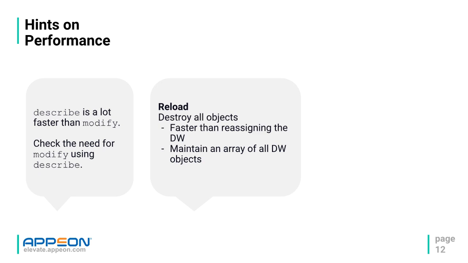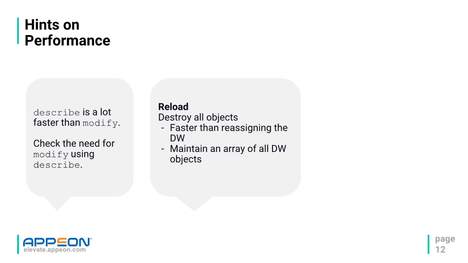You can destroy them with just modify, then destroy space name of the object. Easiest way to do that is you just remember all your objects in an array, for example. All the names of your objects you created in an array, and then if you reload, you just loop through that array and destroy all of them. That's really fast. And then you can recreate them.